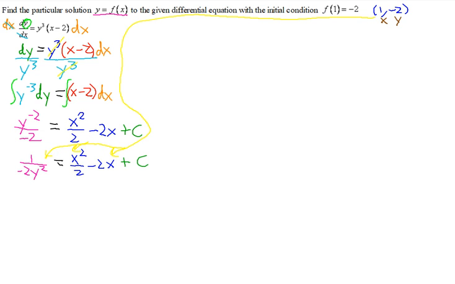When you substitute in for y, it'd be 1 over negative 2 times y squared, where y is negative 2, so negative 2 squared, equals, substituting 1 for the x's, 1 squared over 2 minus 2 times 1 plus c.